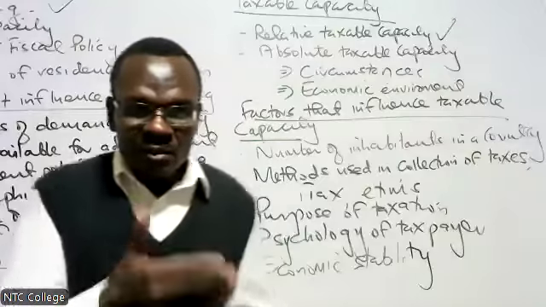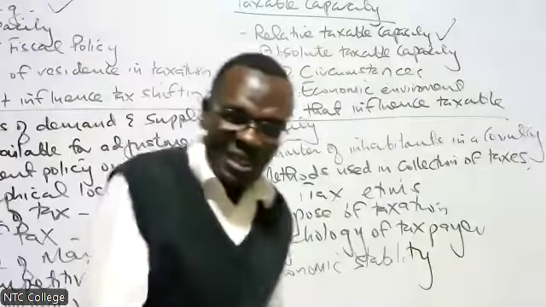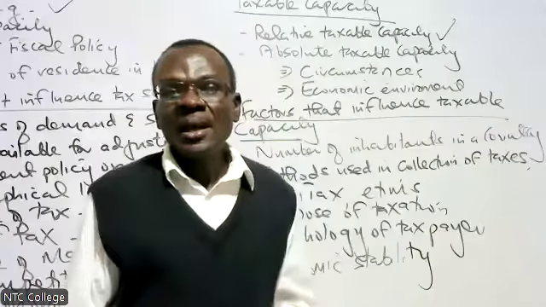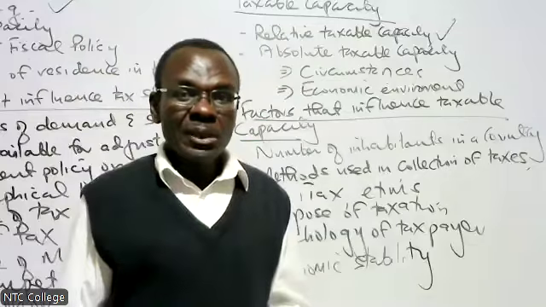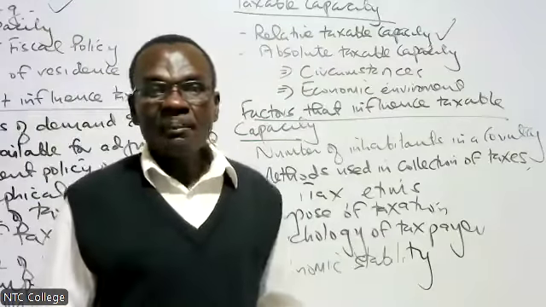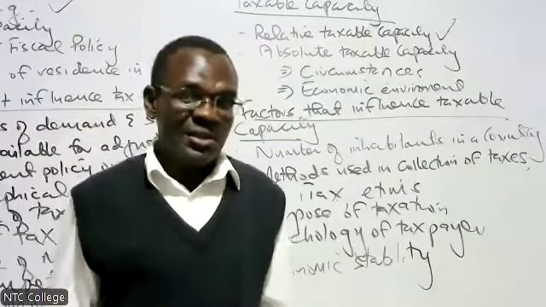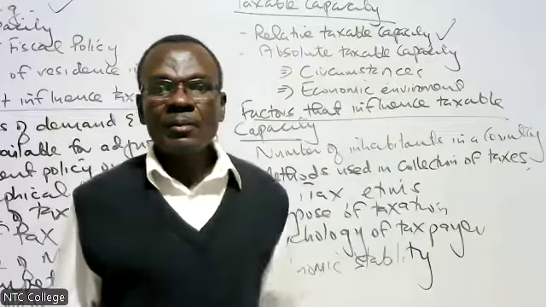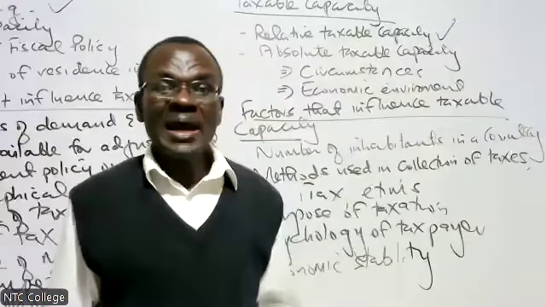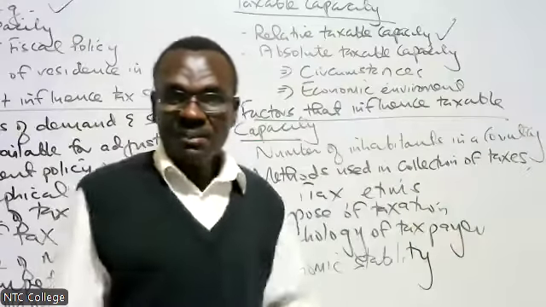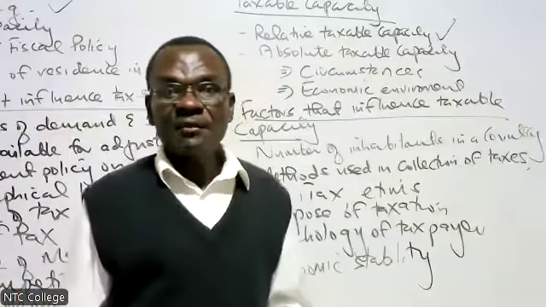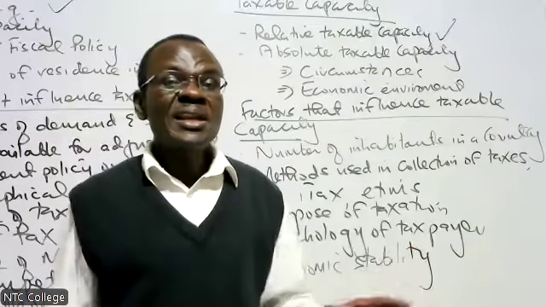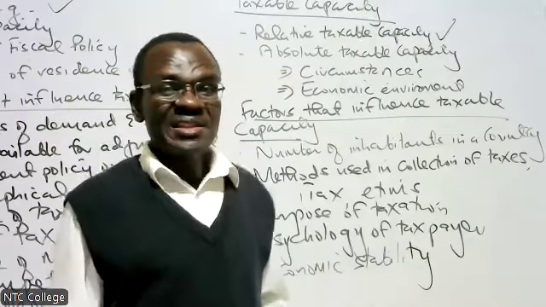So if they monitor the prices of things from 1 month to another, then they can tell you the percentages by which the cost of living has increased, because you're paying more for the same goods you used to buy the other month at a certain price. This month you're buying at a different price. All these things bring about economic instability.